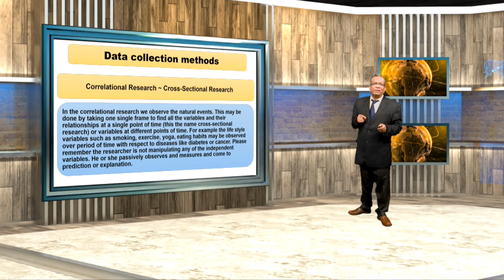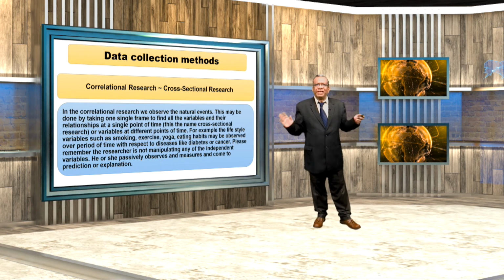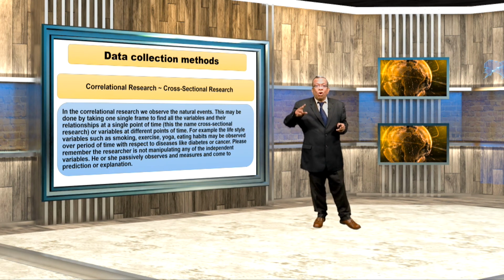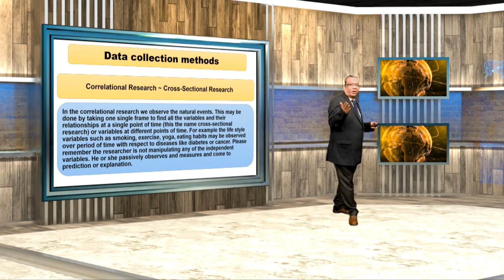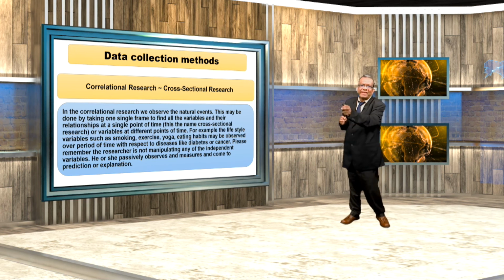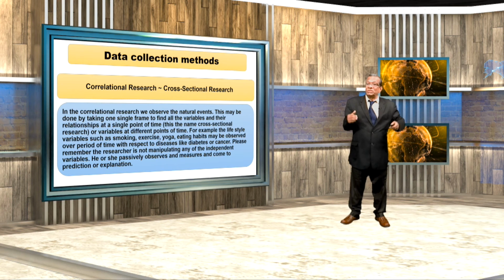In correlational research, we observe natural events. This may be done by taking one single frame to find all the variables and their relationships at a single point of time, hence the name cross-sectional research, or variables at different points of time. For example, lifestyle variables such as smoking, exercise, yoga, and eating habits may be observed over a period of time with respect to diseases like diabetes or cancer.